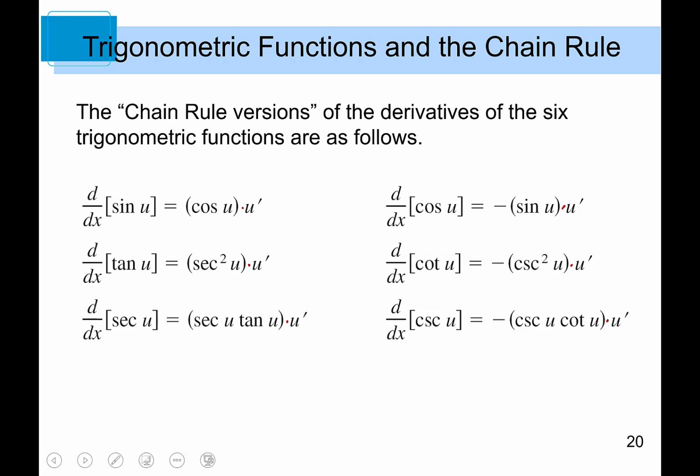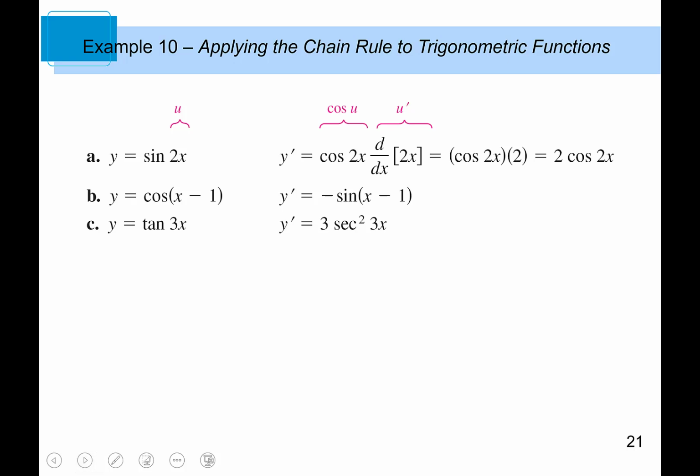Let's take a look at how we apply this. Alright, so we have y equals sine 2x. So here u equals 2x. Now u prime equals the derivative of 2x, which is 2. Now we are gonna apply this. This is sine u, right?